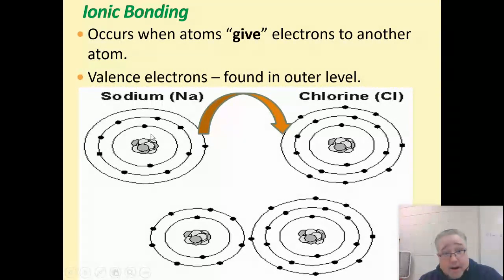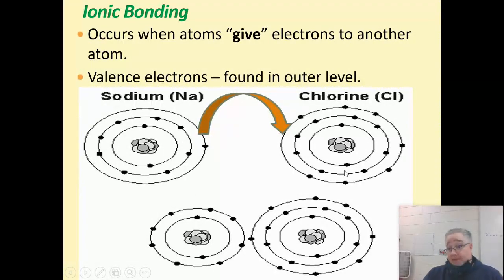Do you remember how many electrons can go in that first orbital? 2, right? There's 11 total for sodium, and 2 of them can go in that first orbital. The second orbital, remember how many we can put in there? 8, right? So we've got 2 in the first, 8 in the second, and 1 more, because there's 11 total. That one lonely little electron goes in this final orbital.